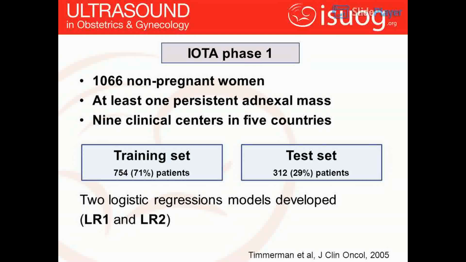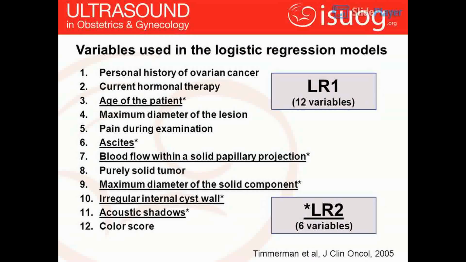Variables used in logistic regression models: personal history of ovarian cancer, current hormonal therapy, age of the patient, maximum diameter of the lesion, pain during examination, ascites, blood flow within a solid papillary projection, purely solid tumor, maximum diameter of the solid component, irregular internal cyst wall, acoustic shadows, and color score.